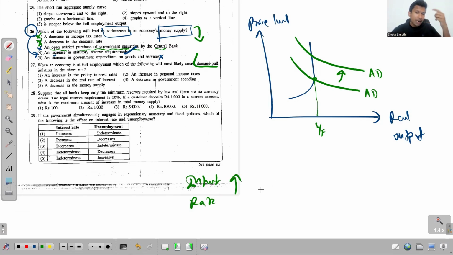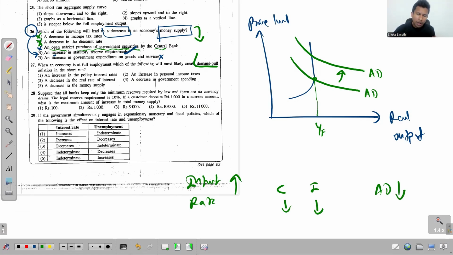When interest rate increases, the consumption and the investment decreases. It's difficult for people to obtain loans because the interest rate is high in the economy, so they don't obtain loans and they cut their consumption, they cut their investments, and what will happen then? The aggregate demand will decrease.